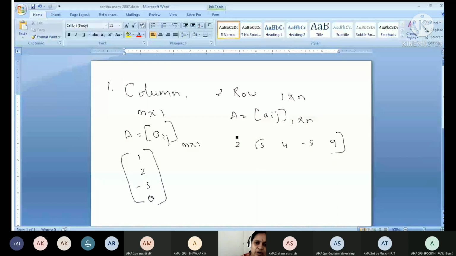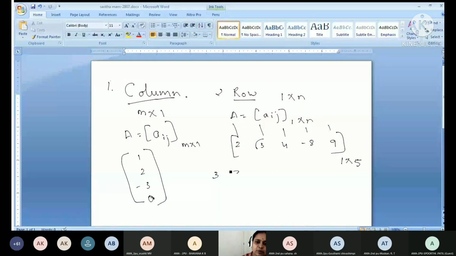What is the order of this matrix? See, only one row you have. It is 1 by, how many columns are there? 1, 2, 3, 4, 5. 5 columns are there. Therefore the order of this matrix is 1 by 5. So this is a column matrix, and this is a row matrix.